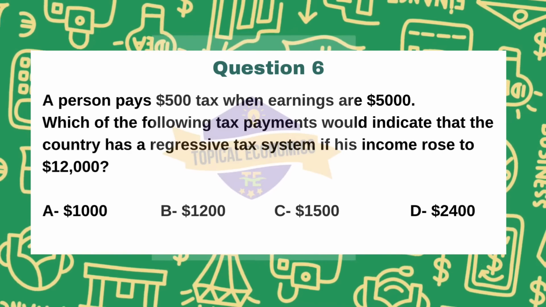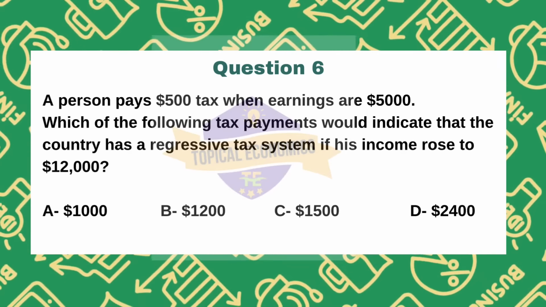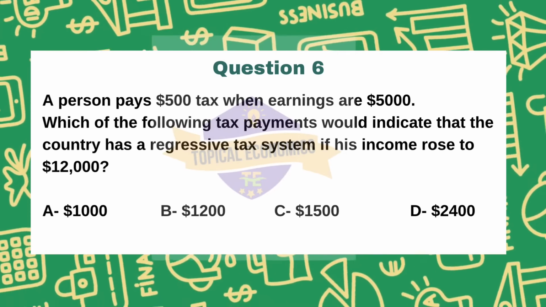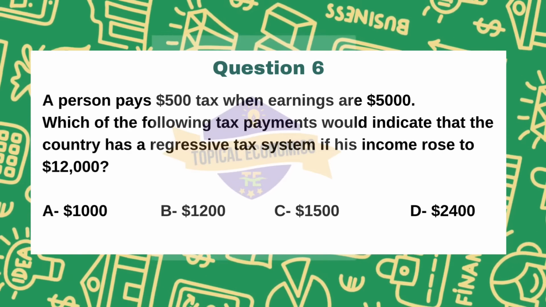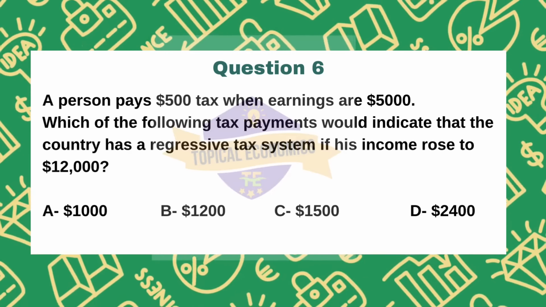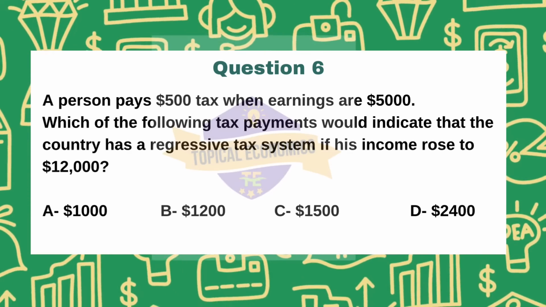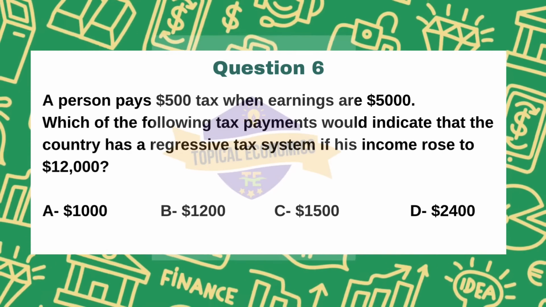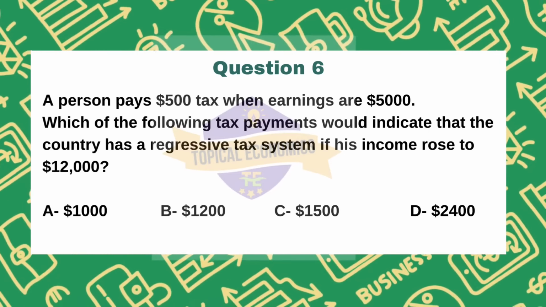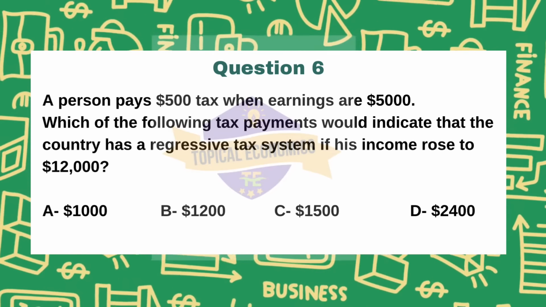For option A, $1,000, tax rate is approximately 8.33%, $1,000 divided by $12,000. For option B, $1,200, tax rate is 10%, $1,200 divided by $12,000. For option C, $1,500, tax rate is 12.5%, $1,500 divided by $12,000.